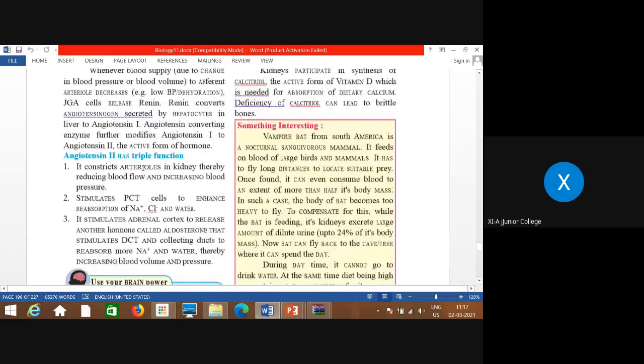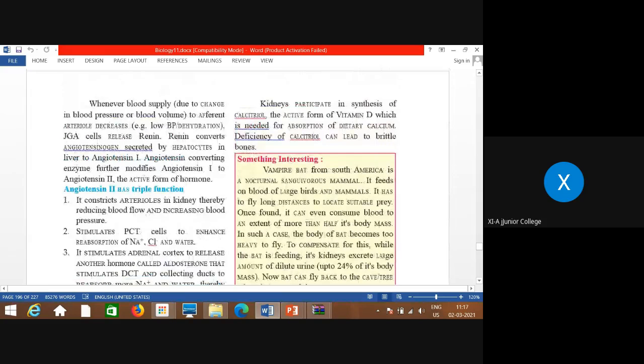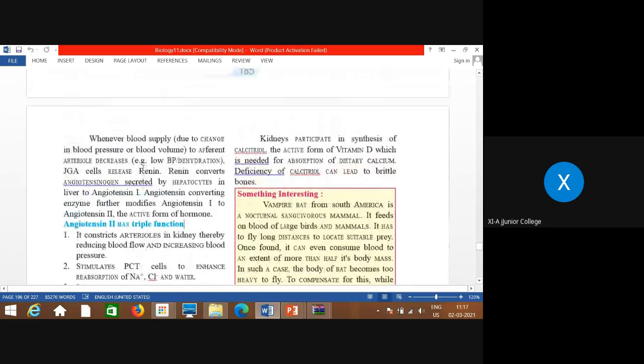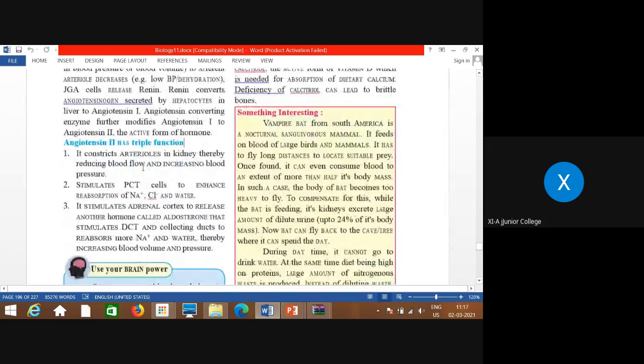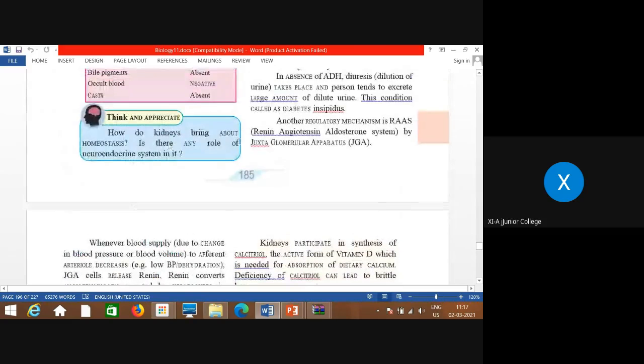R is for renin, A is for angiotensin, and the next A is for aldosterone, and S is for system. Renin, angiotensin, aldosterone system.